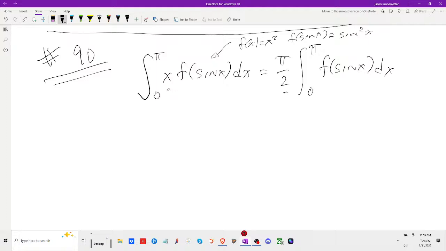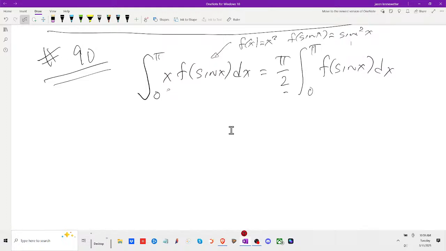It says use the substitution u equals pi minus x. If they didn't tell you to do that, then you might not even be able to get started here. So let's do what they say and see if we can just follow our nose.